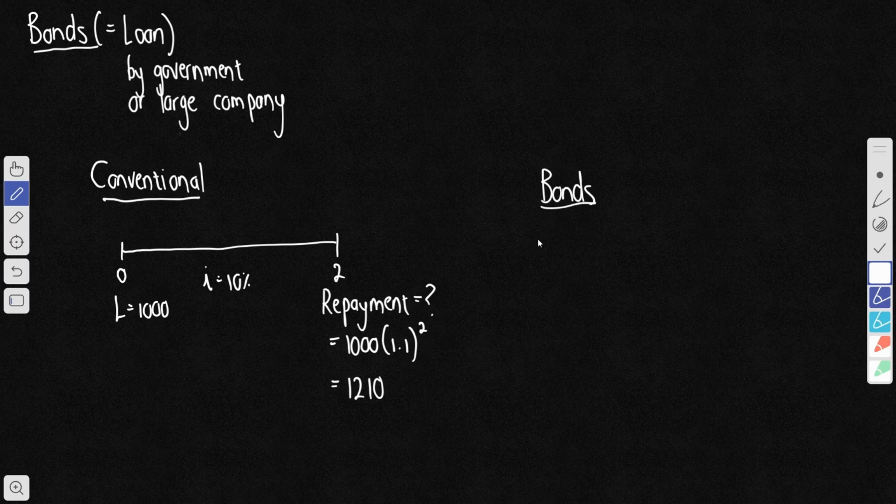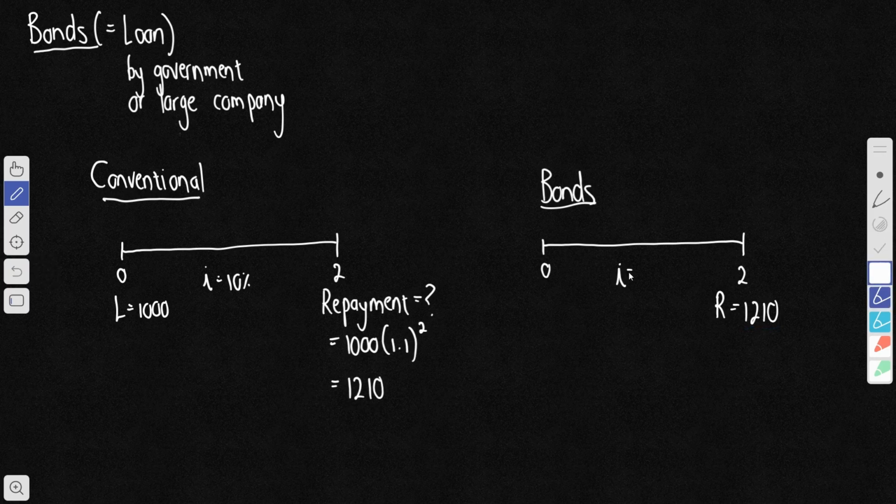Bonds work in reverse. Instead of specifying the loan amount, the bond specifies what the repayment amount will be. So continuing with this example, suppose that the bond specifies the repayment amount at time 2 as $1,210. The exact same number that we had at the end of term 2 for the conventional loan.